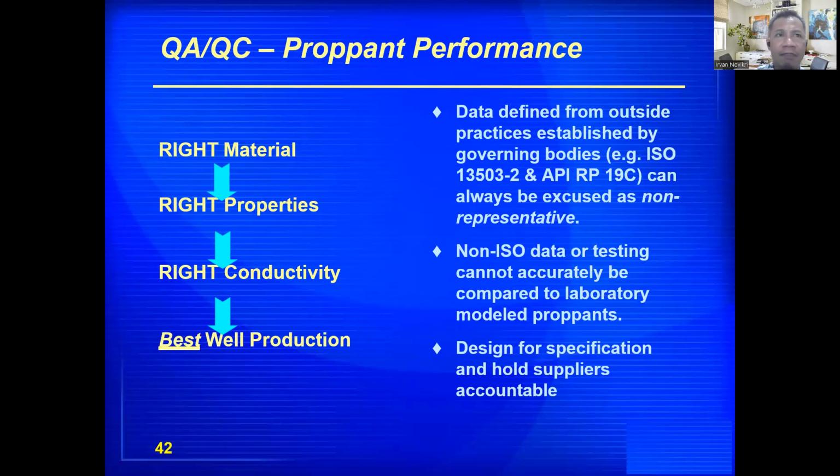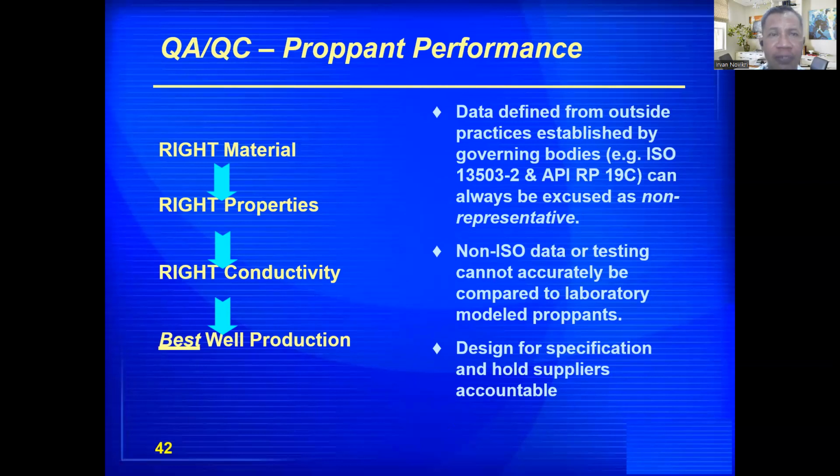The old API RP 56 is no longer supported by the industry. Everything now needs to be ISO compliant. If the data is not established by those guidelines, it can always be dismissed as non-representative. Non-ISO data and testing cannot be accurately compared to anything you get out of the laboratory model.